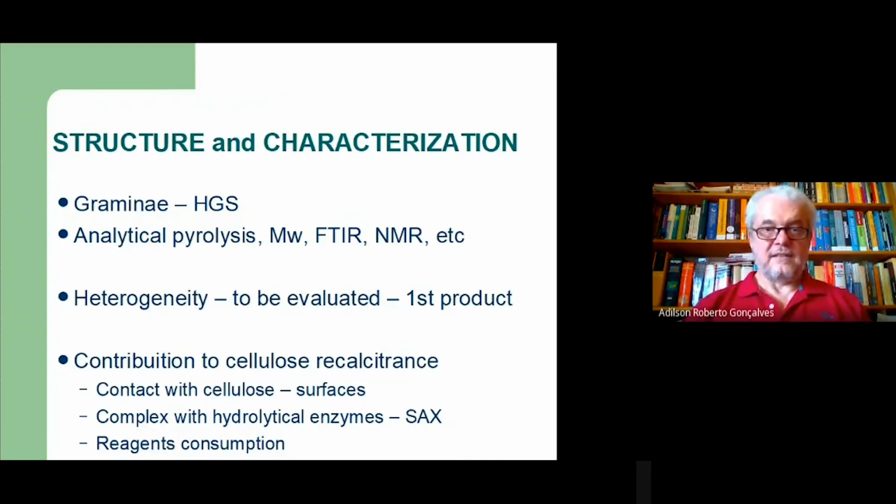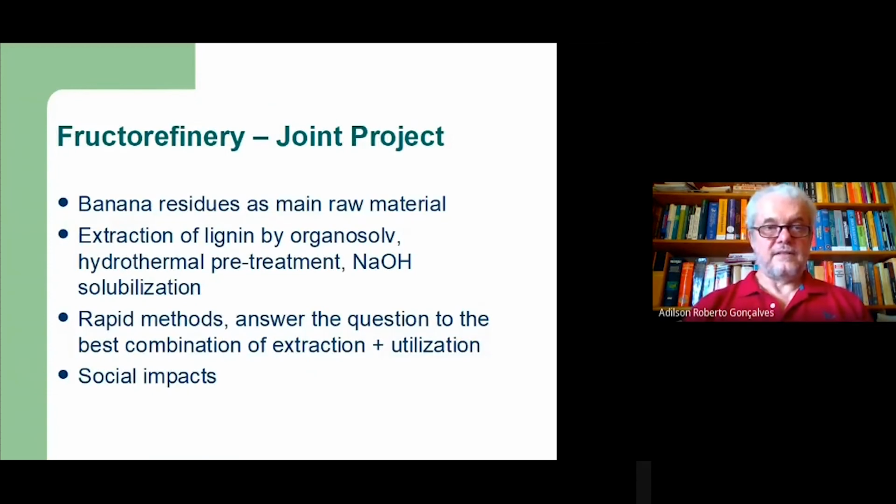So this heterogeneity is the first thing to be evaluated. That's also a contribution to cellulose recalcitrance in respect to second generation ethanol production. Then we need to evaluate contact with cellulose, reagent consumption, and other characterizations. So in this aspect, we started at IPBEM a joint project funded by FAPESP.